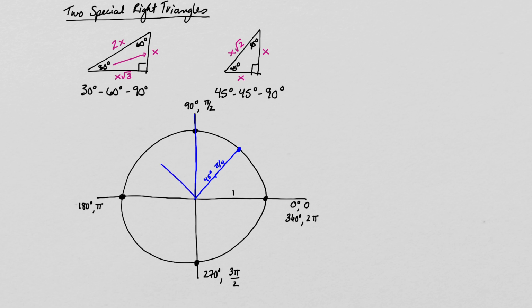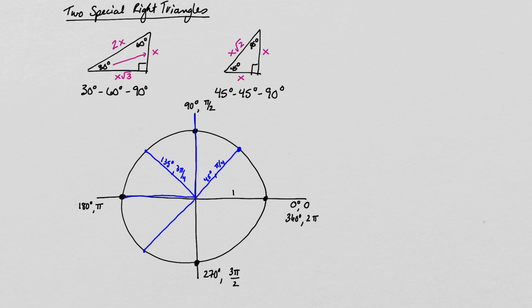We have another 45 degrees, which brings us to 135 degrees, or 3 pi over 4 radians. We have another 45 degrees. Well, this here is another 45 degrees, but we've already labeled it.